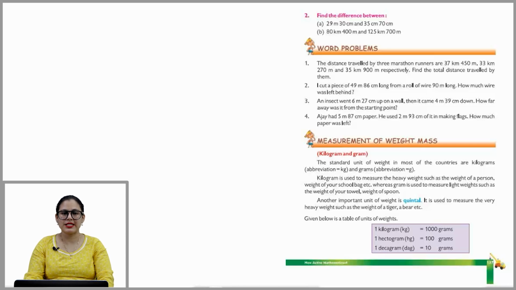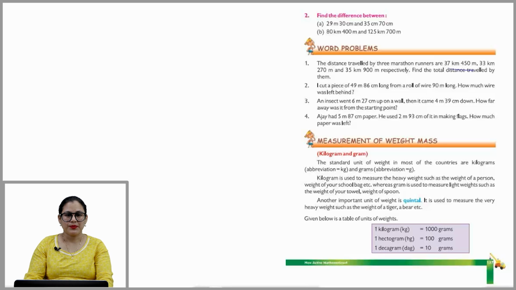Word problems. The distances travelled by 3 marathon runners are 37 km 450 meter, 33 km 270 meter and 35 km 900 meter respectively. Find the total distance travelled by them. Okay, you have to find the total distance. So we will add these three distances which are given.